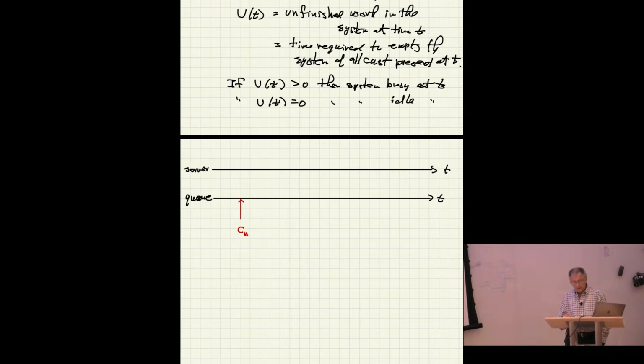Do you remember the notation for the time when this guy arrives? Way back a couple of sessions ago, we called that tau sub n. So let me write down what that means over here. Tau n is the arrival time of Cn. That's when he arrives.